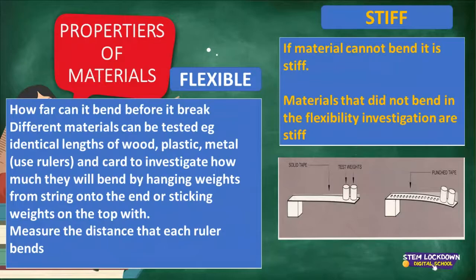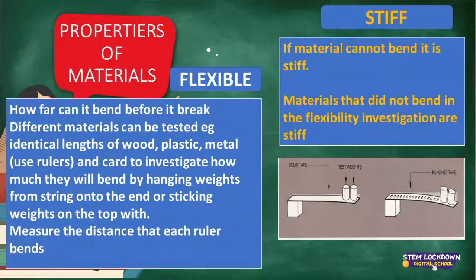If it does not break easily, you bend it, it keeps its shape, then it means it is flexible. If you try to bend it and it cracks into two parts, then it means it is stiff.